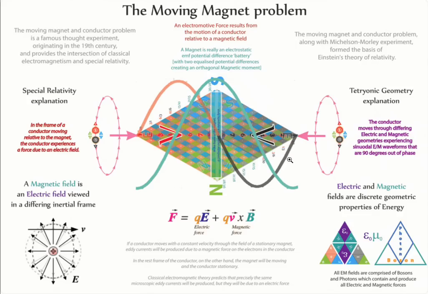The E field will affect any charged particle within it because of its divergent and convergent energy momenta. And this is what creates the EMF in a conductive loop as it moves above or around a magnet, which forms the basis of all our electrical industries and motors.